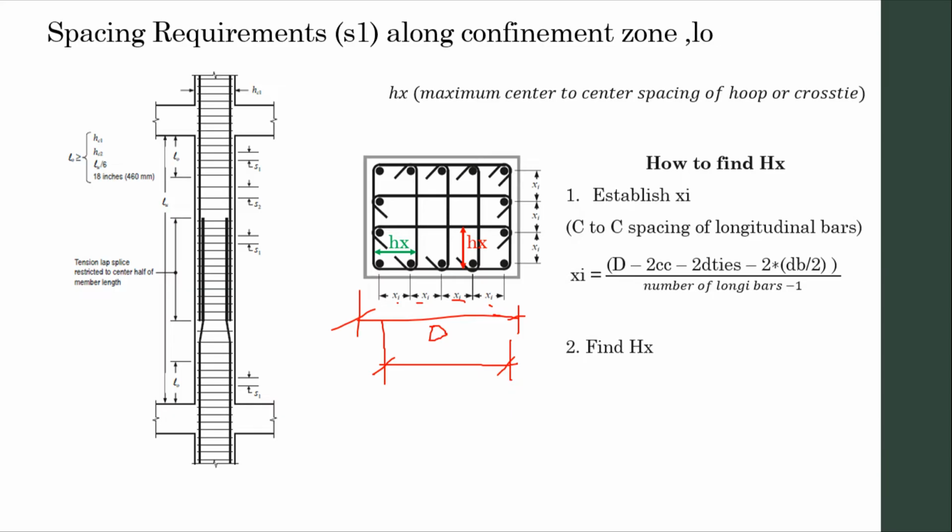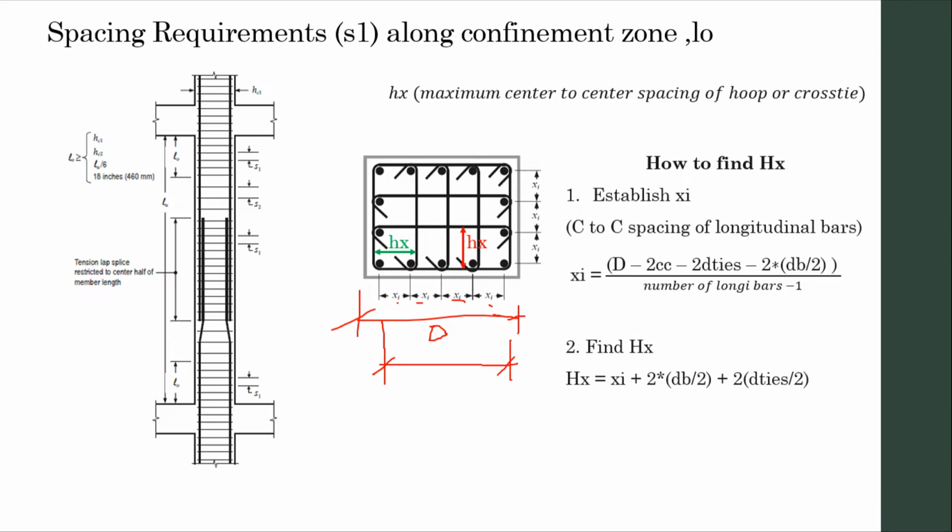So, next, you can now get the hx. How do you do that? For example, this red, this green hx, right? It is just xi plus 2 times db over 2.